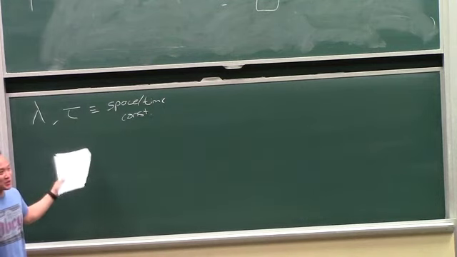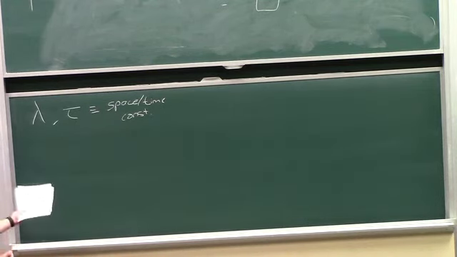Lambda and tau are dimensionless constants, so they're space and time constants.